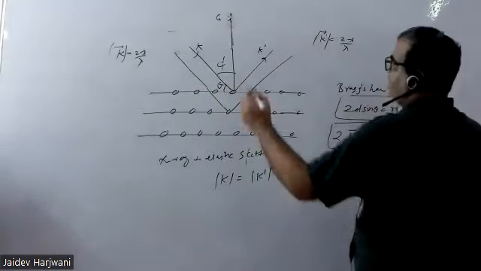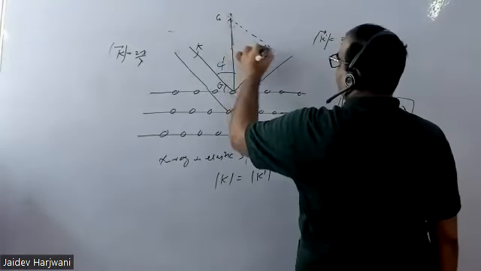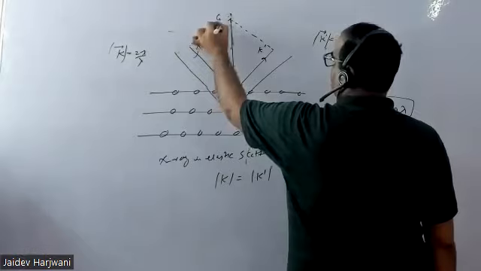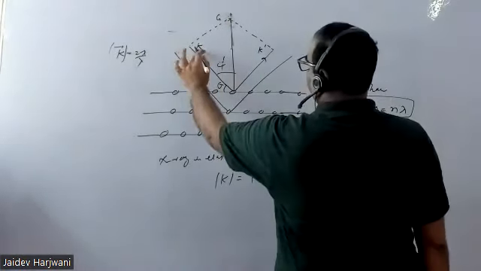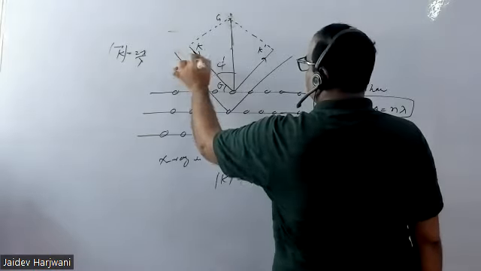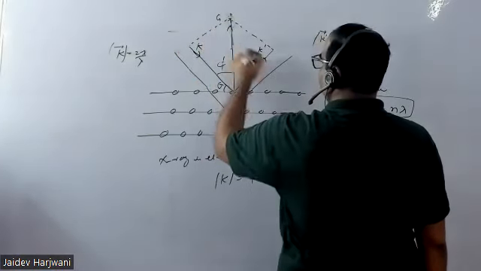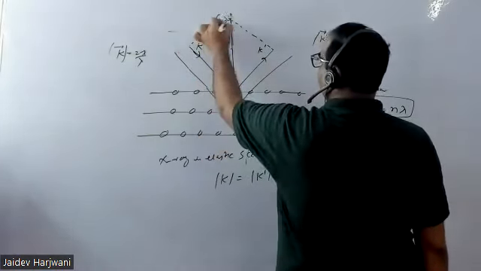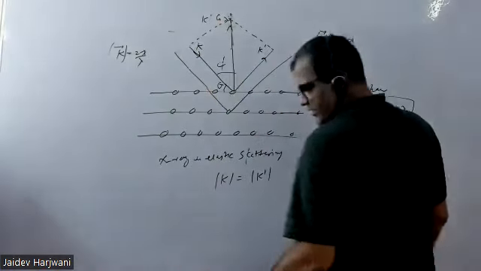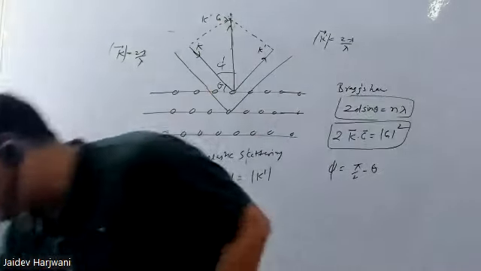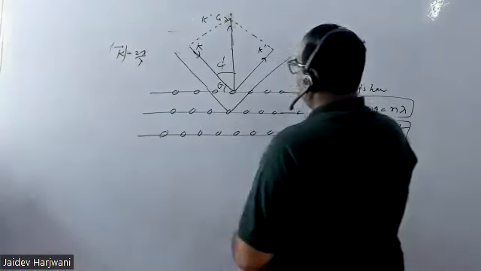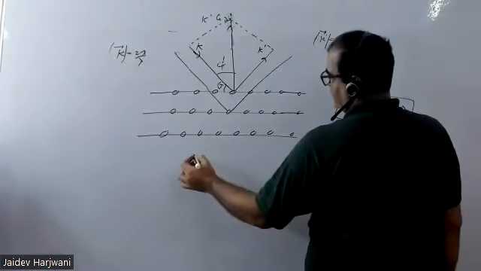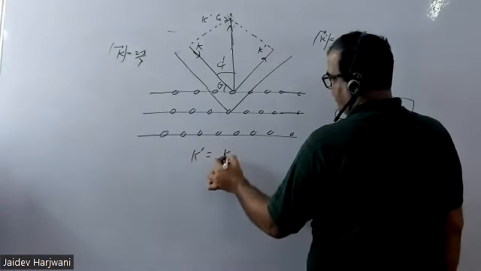Now this vector is g. If I connect these vectors, this is my k, this is my k dash, and this is g. So I can write k dash equals k plus g.